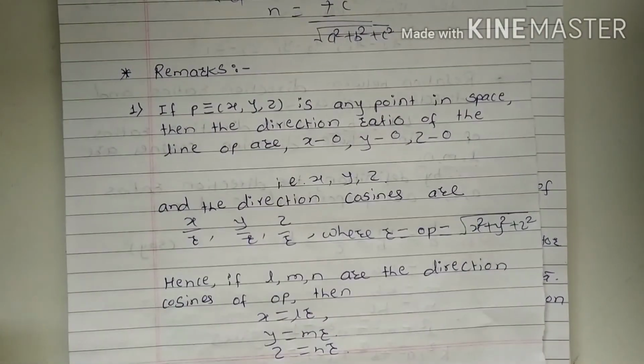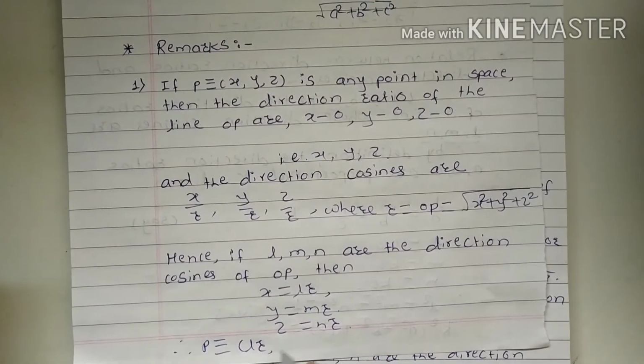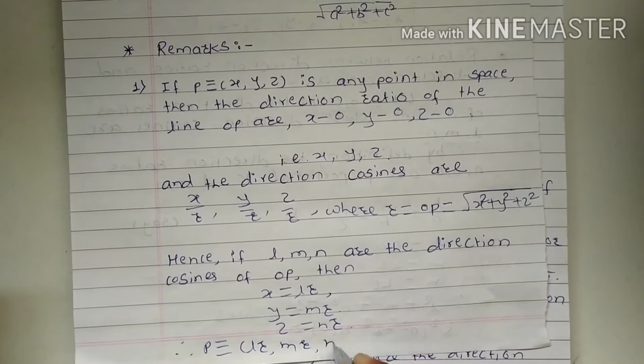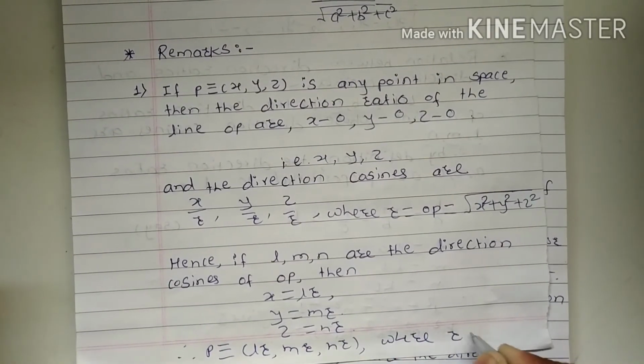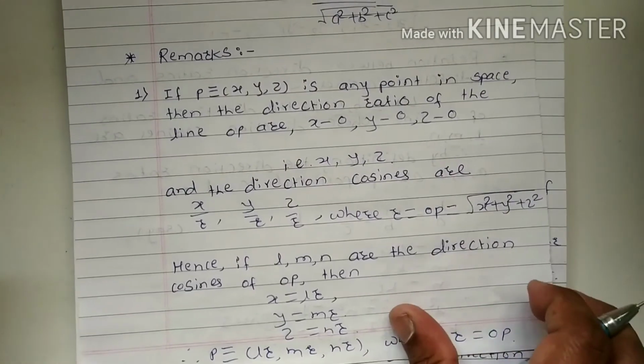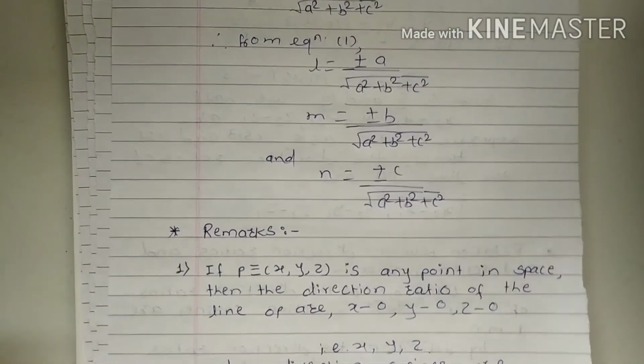And therefore the point P is equivalent to lr, mr, nr, where the value of r is equal to OP.